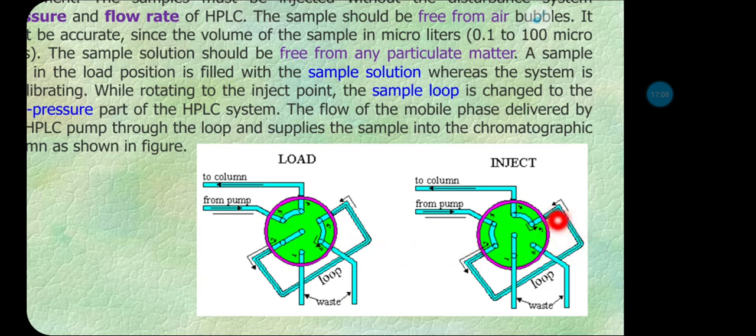So this loop will be connected to the mobile phase, and the mobile phase coming from the high pressure pump carries this sample along with it and injects it into the column, and then separation takes place. This is about the loop injector.